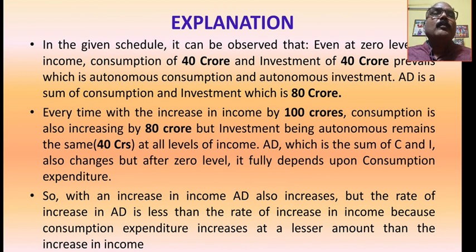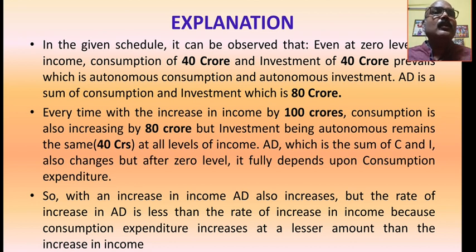So already this is the explanation. In the previous schedule, even at zero level of income, consumption is 40 crores and investment is 40 crores. So that is the autonomous consumption and autonomous investment. So aggregate demand is the sum of consumption and investment, which is 80 crores. I have already told, every time with the increase in income by 100 crores, consumption also increases by 80 crores.